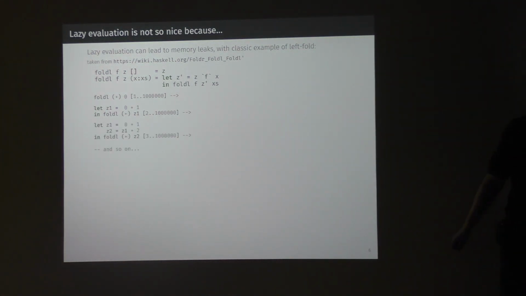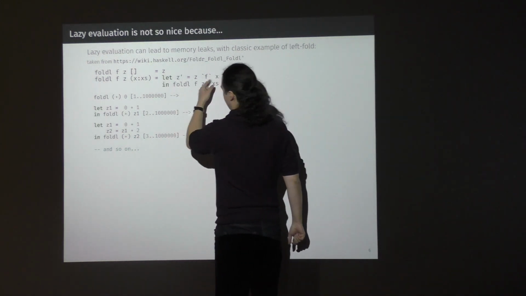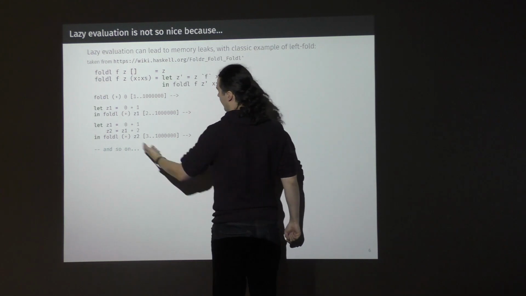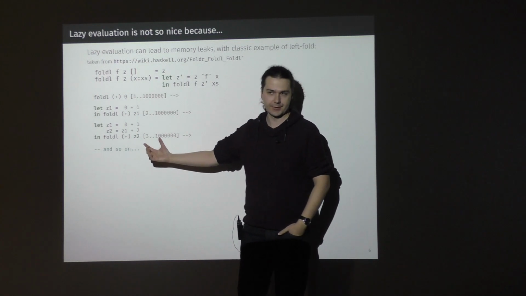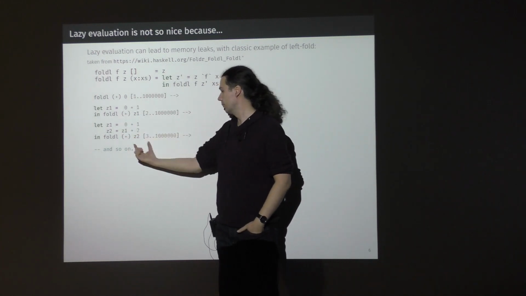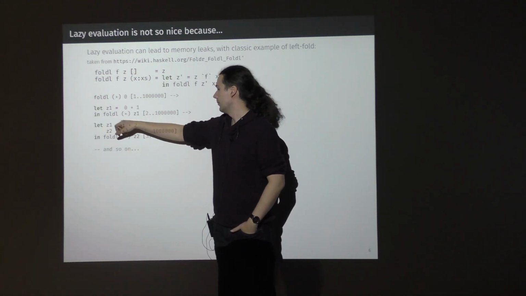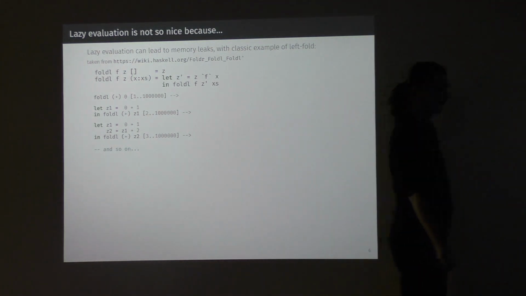Second step, foldl allocates a new value of accumulator, which is z2 in that case, and computes fold left on the rest. Since we did not ask for the value, it will not compute the value of z2. z2 is just z1 plus 2, the previous accumulator, and so on and so on.